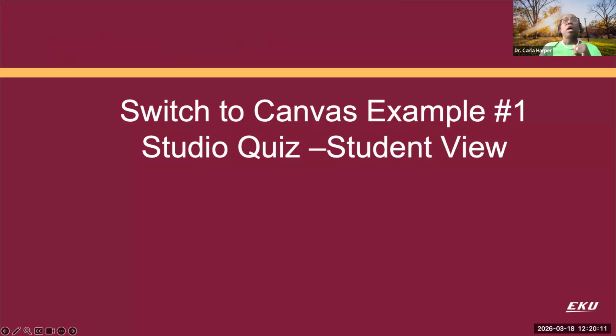Okay, so I'm going to attempt to stop because I'm going to have to get out of this. I'm going to stop sharing and reshare my student version of the Canvas quiz. And let me reshare. I have a fake student. Hey, Aaron.